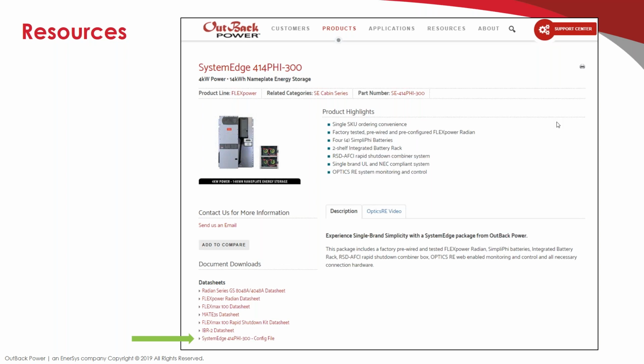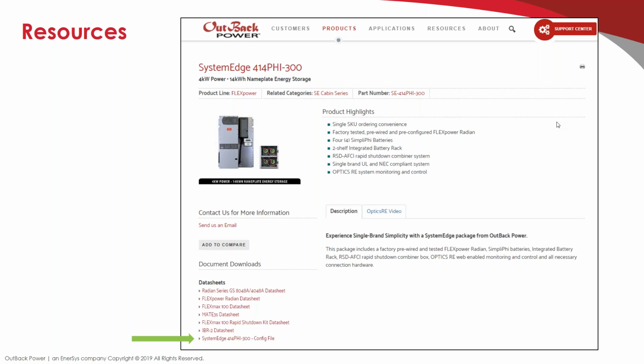So these go with all of our System Edge products, like I said, and we'll also have them for each battery that I just mentioned. So Simplify, Blue Ion, Discover, Fortress, Kilovolt, and so on and so forth. We'll have those available on our website. So we're going to have 3 each.